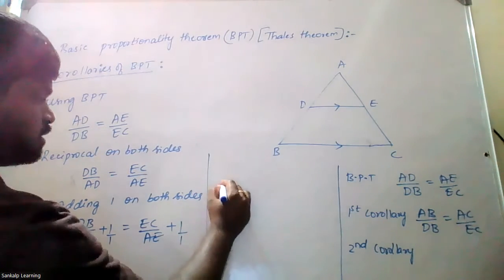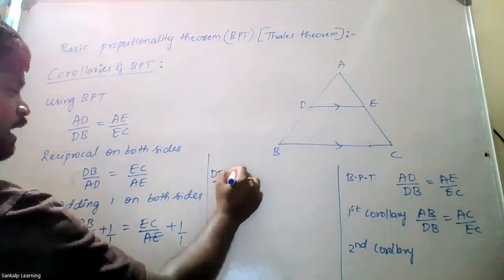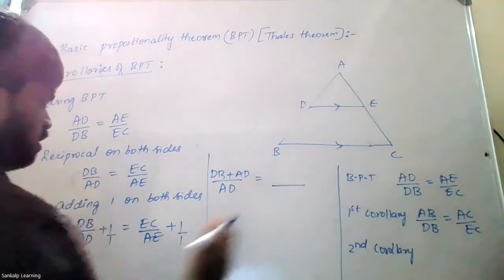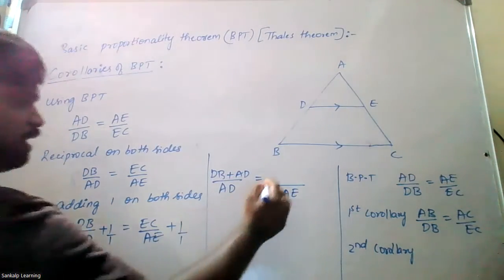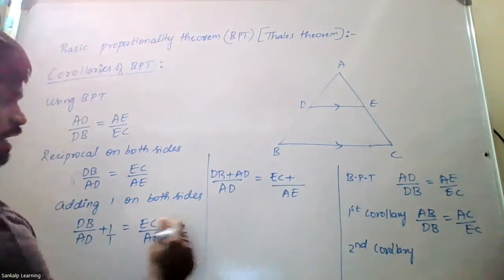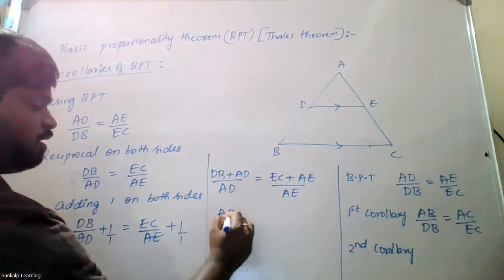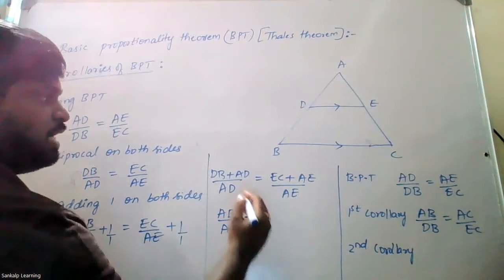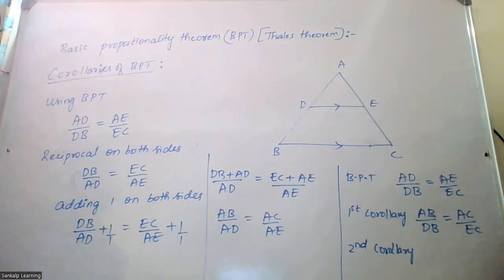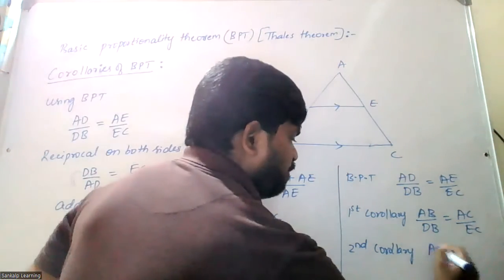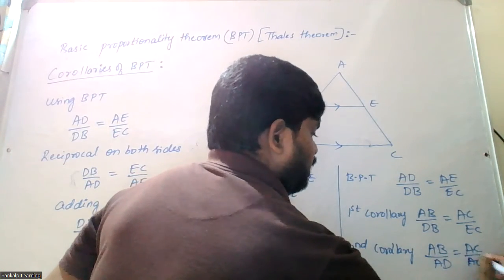AD into 1 becomes AD, crisscross, DB into 1 DB, AD into 1 AD equals AE into 1 is AE, EC into 1 EC plus AE into 1 is AE. So DB plus AD from the figure it is AB, AB by AD. EC plus AE from the figure is AC, AC by AE. Therefore, the second corollary is AB by AD is equal to AC by AE.